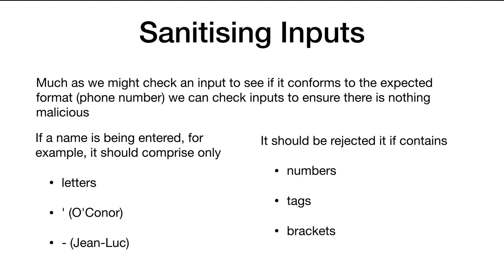Except two exceptions I could think of. You could have an apostrophe in the name. We know lots of Irish names have apostrophes. There's O'Connors, O'Donovans, lots of O's. So O apostrophe something. So we could allow apostrophes in our names. That is kind of unfortunate.